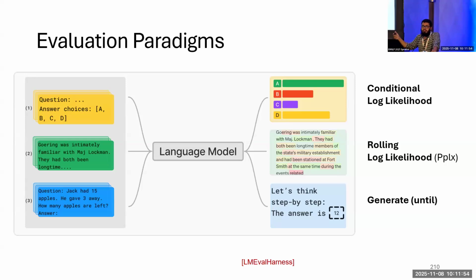And the option that gives you the most log likelihood, that's probably your correct answer. Second thing is rolling log likelihood, which is basically perplexity. As the model is generating the response, you keep accumulating these log likelihoods, and that forms your perplexity. Third thing is generate until, wherein you either define some sort of stopping criteria for the LLM, or you let the LLM generate a response till the end of turn or end of sequence token is predicted.